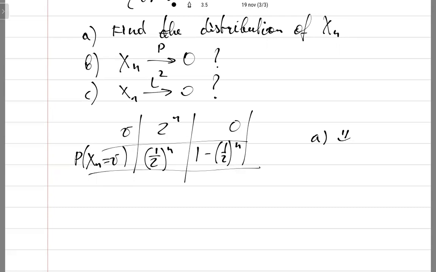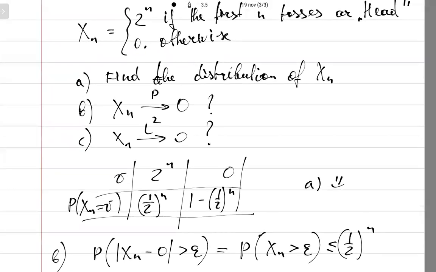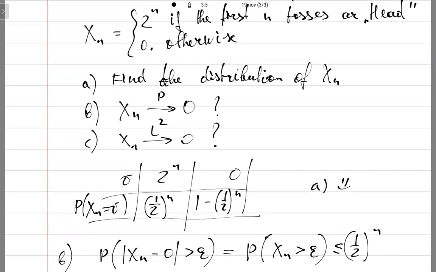Let's check convergence in probability. B. Let's calculate the probability that X_n minus 0 is greater than epsilon. But X_n is positive or 0, so it's just the probability that X_n is greater than epsilon. I don't know the value of epsilon, but in any case, this probability is at most 1 over 2 to the power n, because it depends on the number n. Explain why. Because I have a fair coin.